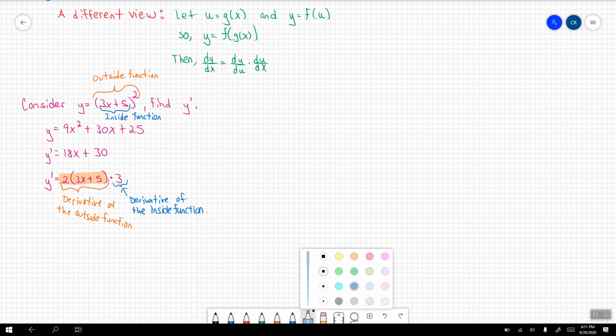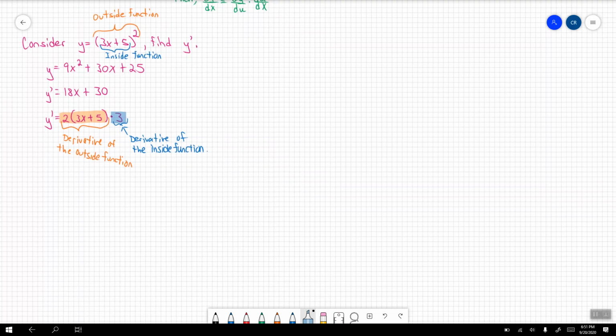Now, why do we want to break this off into these different pieces? Well, the reasoning is that we can now start talking about more complicated derivatives other than just polynomials, and we can start implementing this chain rule, and that way we can take derivatives at a much faster rate.